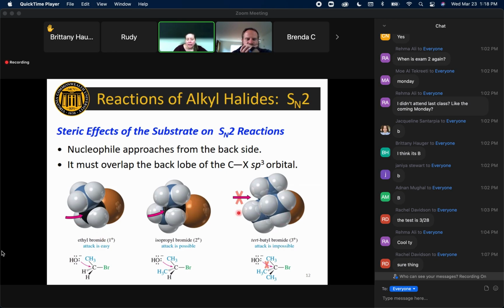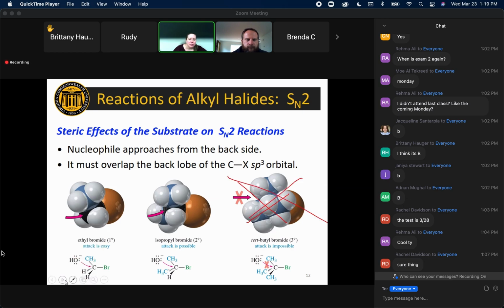And importantly, very importantly, if you have substitution at all three of your positions on your alkyl halide, that is impossible for a nucleophile to attack. It is literally not allowed, as in not going to happen.